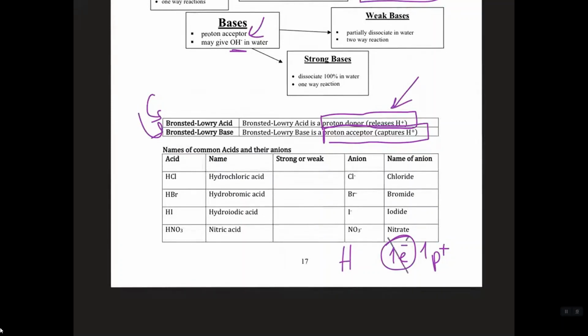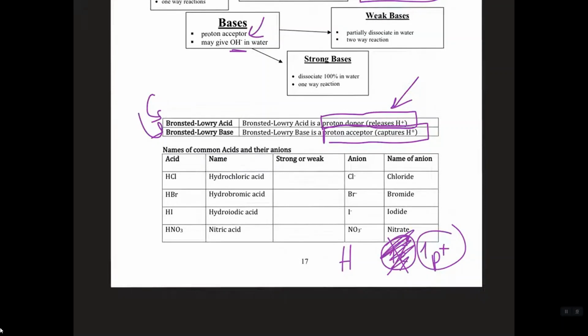When hydrogen becomes an ion, it's the same thing as just having a proton, so it doesn't have anything else. Because the most common isotope of hydrogen does not have neutrons. Some of the isotopes do, but the most common one doesn't. So this is the only element that can exist without neutrons, and that's why we call it proton donor or proton acceptor. So acids are substances that donate this proton or form hydrogen ion in aqueous solutions.